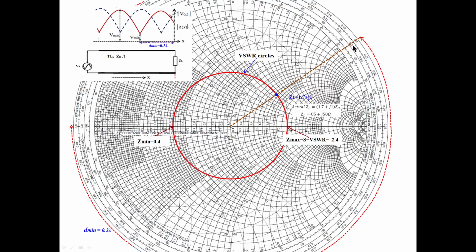That is the load distance. We reached this position. From there you draw a line. It intersects our VSWR circle somewhere. Read the impedance here, whatever the impedance. That impedance, 1.7 plus j1, is what I got here. In your Smith chart you do that.